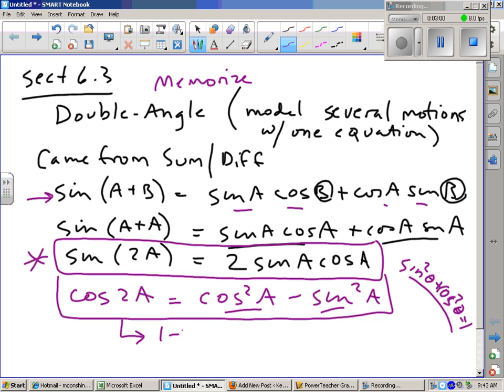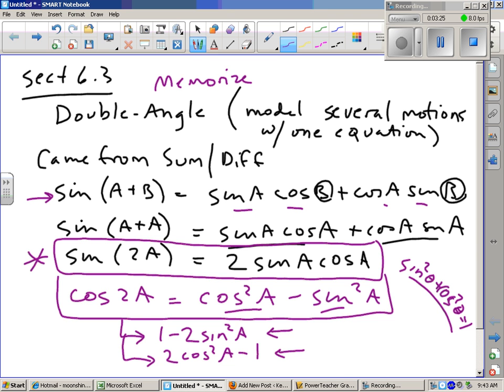One of them is 1 minus 2 sine squared a. The other one is 2 cosine squared a minus 1. Now you can use any one of them that you want. If you only have sine, you might want to use this one. If you only have cosine in the problem, you might want to use that one. But you can always find the other ones.